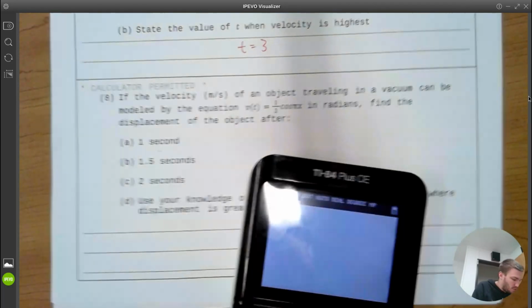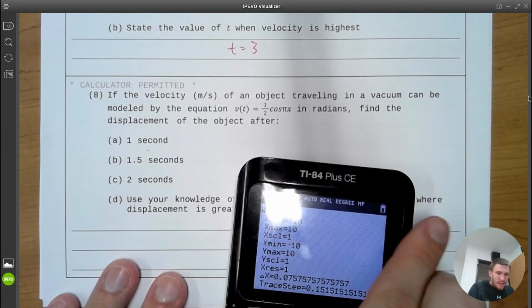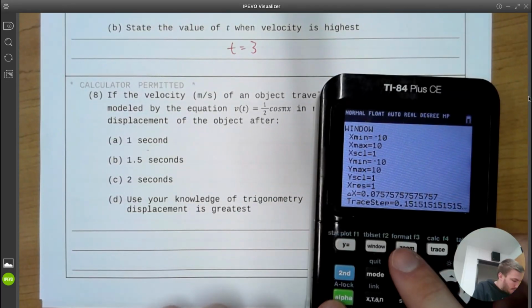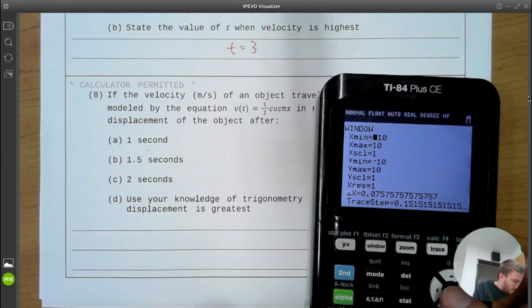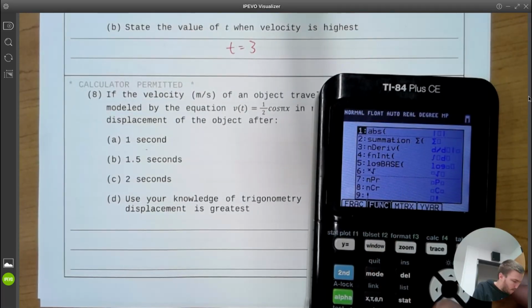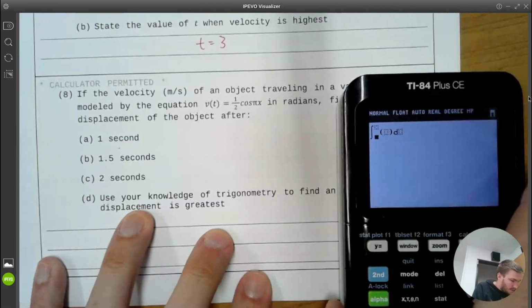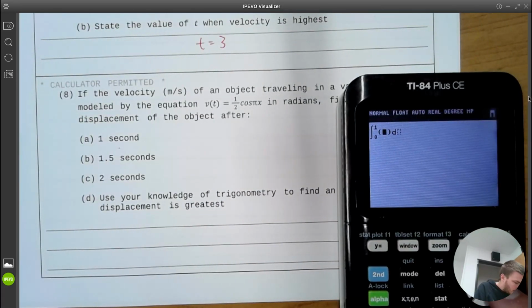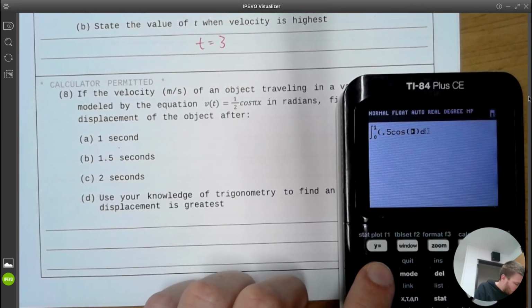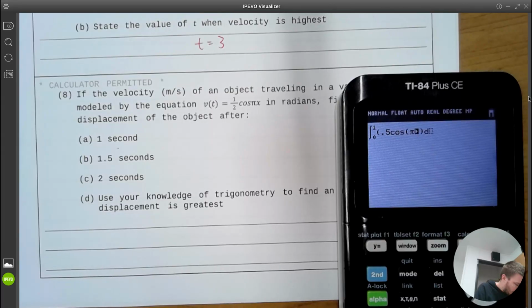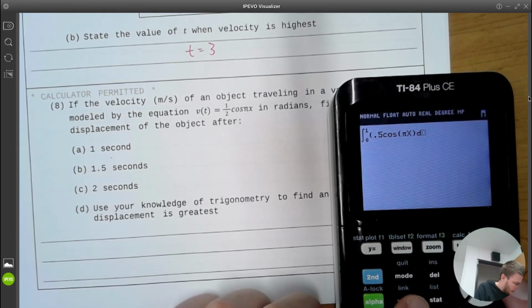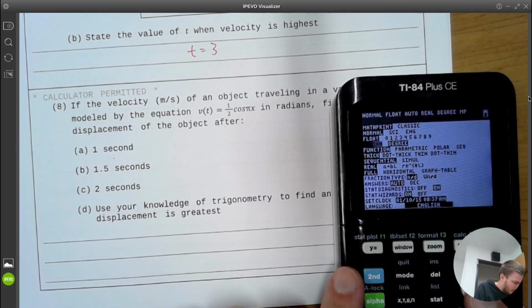Cool, let's just do that. Second window, nope. Alpha window, no, stop. Alpha window, integral from 0 to 1 of 0.5 cosine pi x dx in radians.